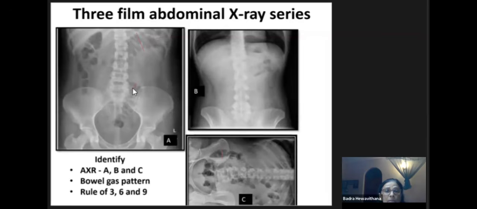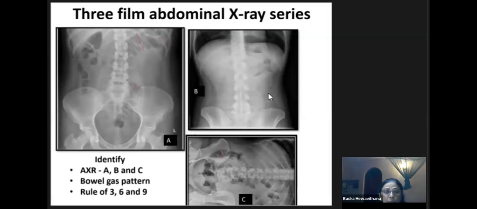So small bowel is less than 3 or maybe even 2.5. There's one loop of small bowel here. And large bowel is usually more than 5 centimeters, but definitely if it is more than 6 centimeters, that is abnormal. So the normal peripheral distribution and presence of rectosigmoid gas.